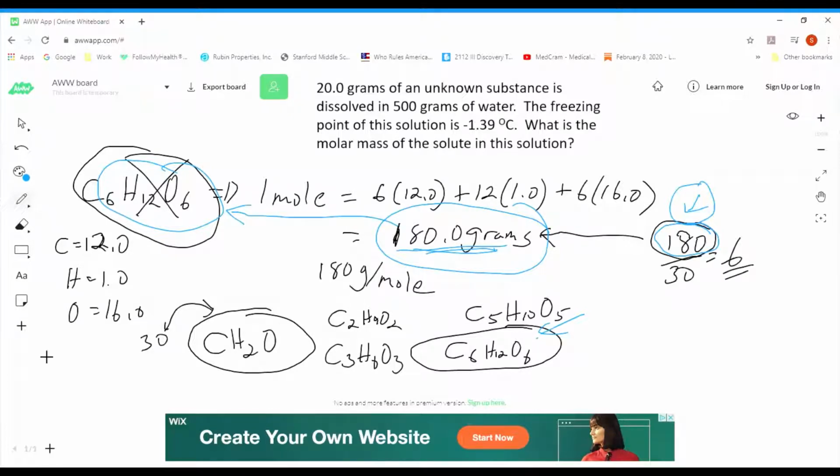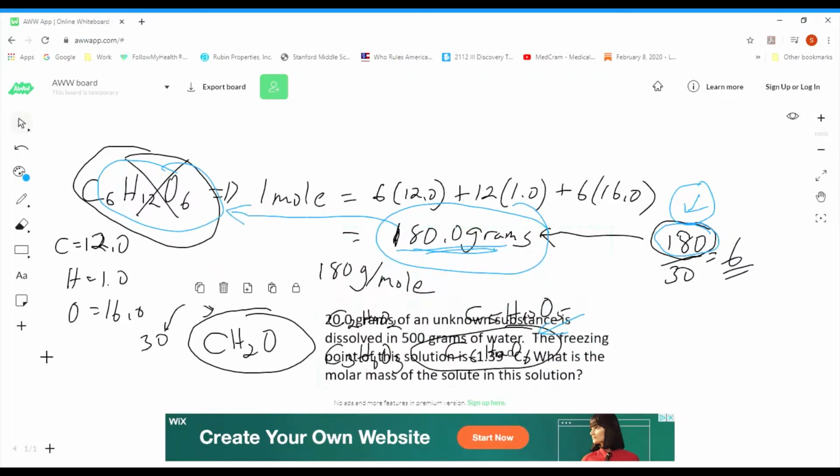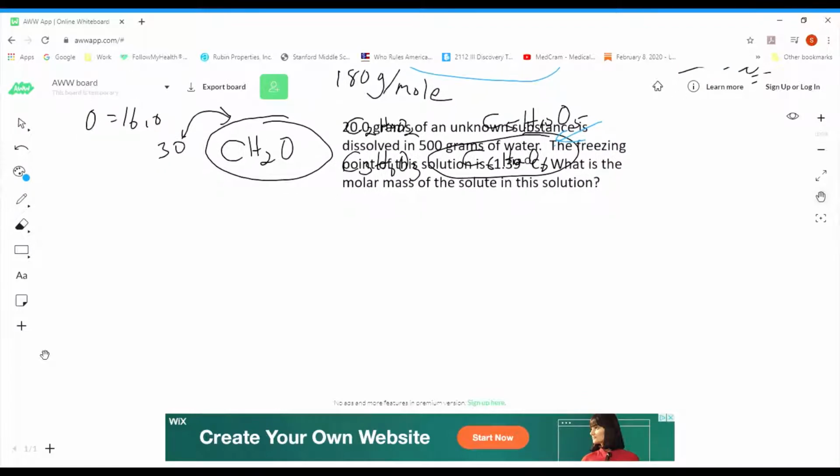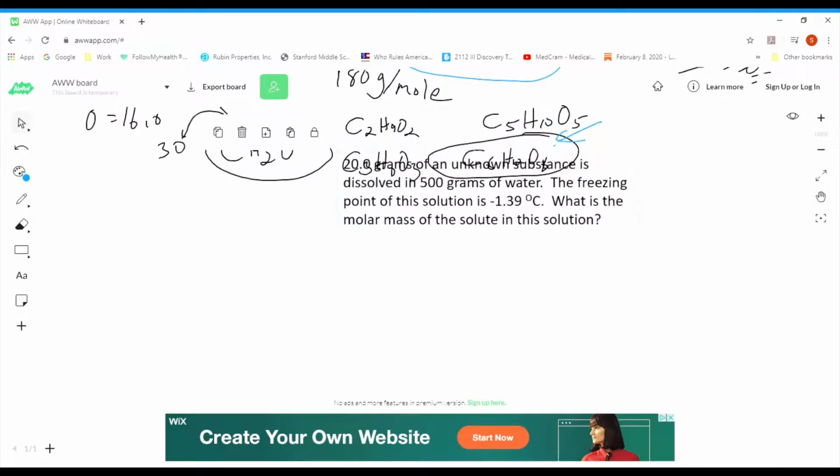Let me move the problem down to put it in a place where we can see. That's the gist of this: when would we use this?